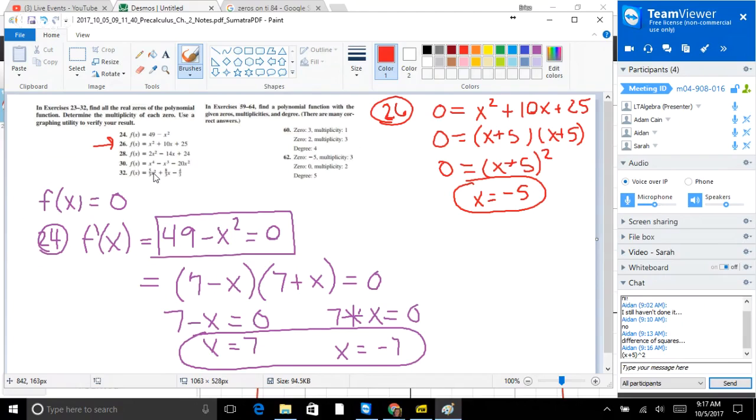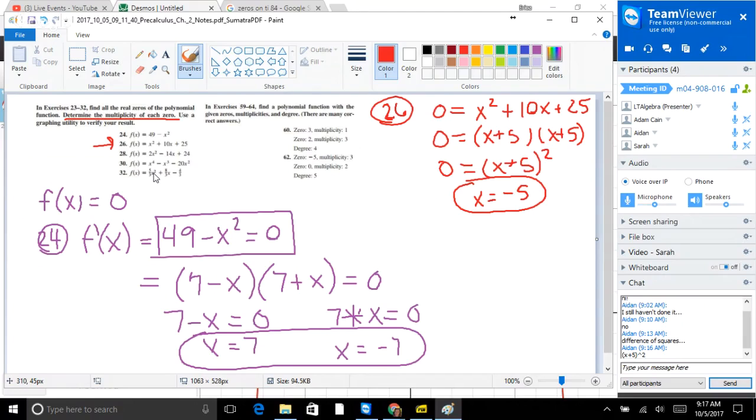Okay, so that's our only real 0. Now, this is where that weird determine the multiplicity of each 0 comes in. So if you go back over here, determine the multiplicity of each 0. So I wish I had this up from my notes, but I don't, so I'll just explain it.